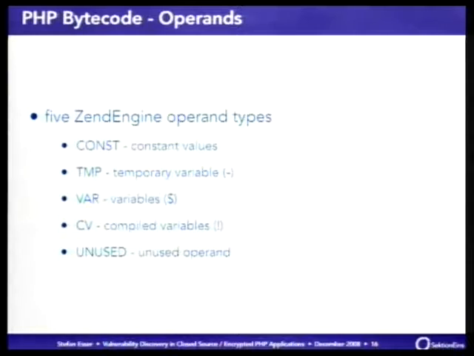With PHP 5.1, there was a new type introduced, which is the CV, the compiled variable type, and this is basically the same as the var type, with the difference that simple local variables in a scope usually don't need to be looked up every time you access them.